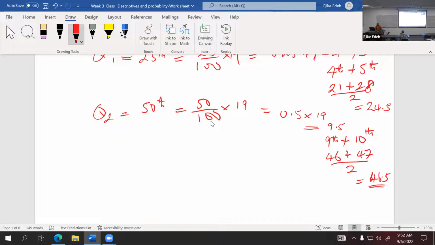Okay. And then we'll do Q3 very quickly. That will be the 75th percentile. And then we do 75 divided by 100 times 19. And that will give us 0.75 times 19.